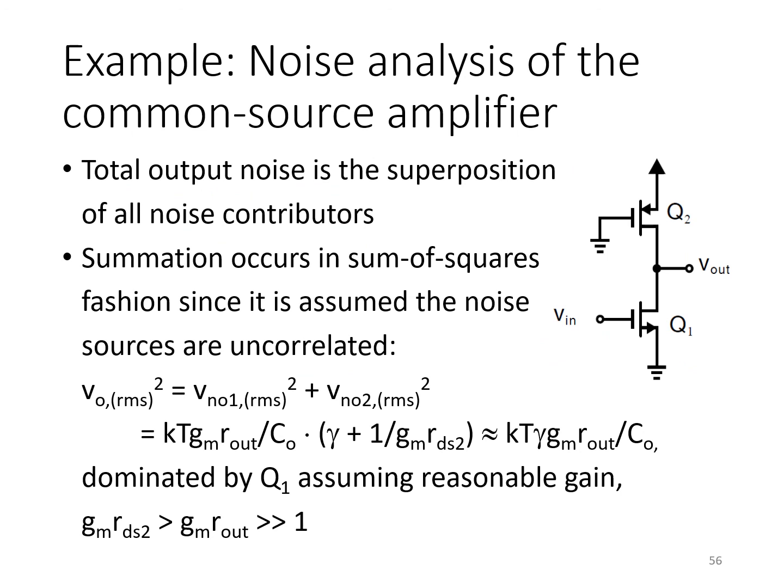So finally, to get the output noise of this circuit, we can superimpose all the noise contributors. We can just find the total output RMS noise by adding together the RMS noise at the output due to each of the three noise sources. And here we're just assuming that it's a fairly broadband amplifier, so we're neglecting the 1/f noise of Q1.